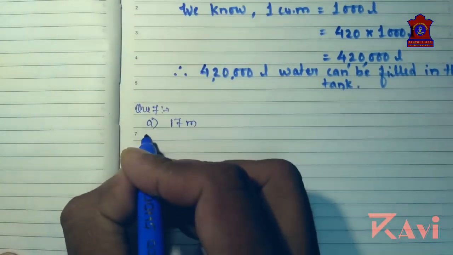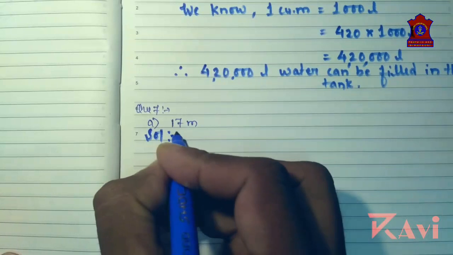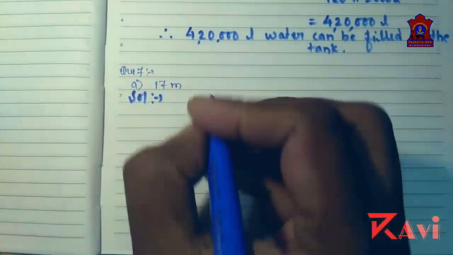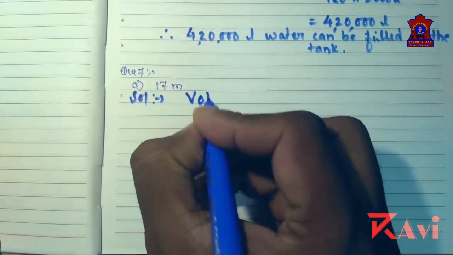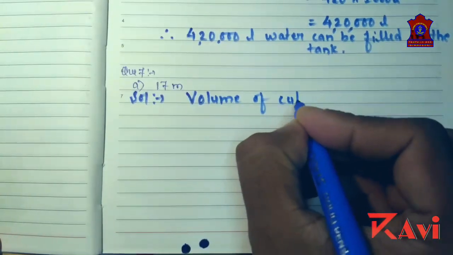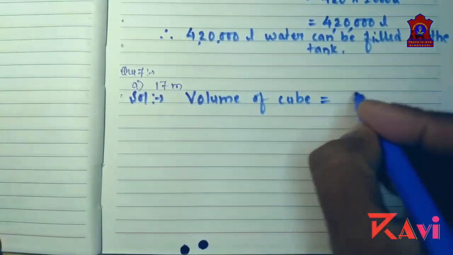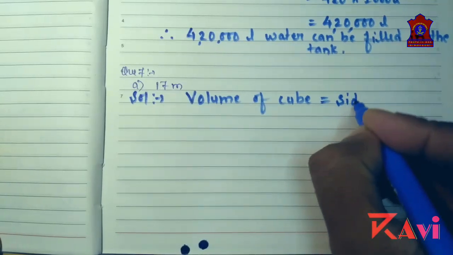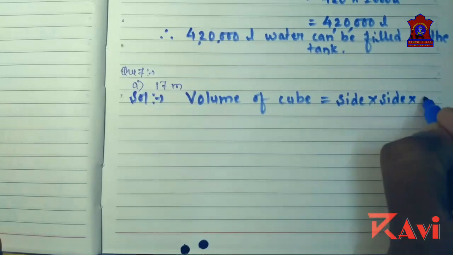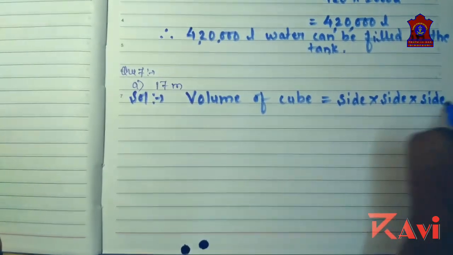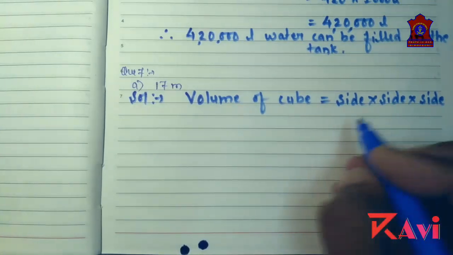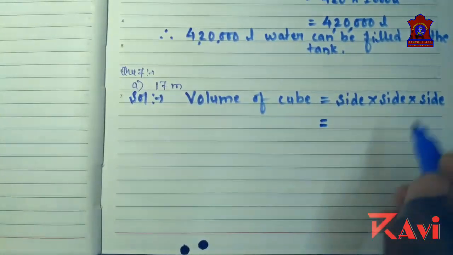Look at the solution. You know, volume of cube equals to side into side into side, or you can say length into length into length, or side cube. Anything you can write.